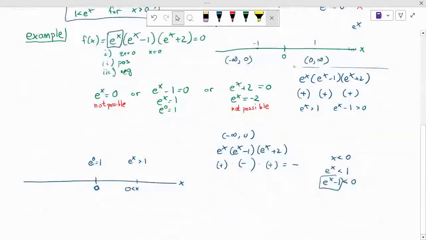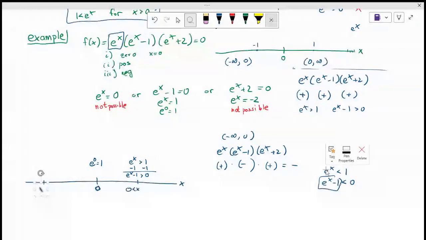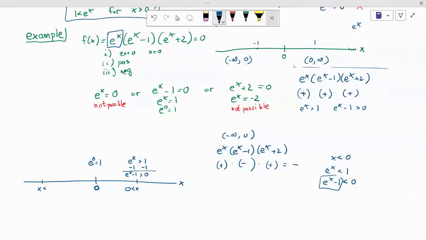Without a calculator, the way I think about this is subtracting 1 from both sides of this inequality. That way I see that my factor, e to the x minus 1, would be greater than 0, i.e. positive. Now, if we choose a value of x to the left of 0, smaller than 0, from the graph we see that e to the x is smaller than 1.